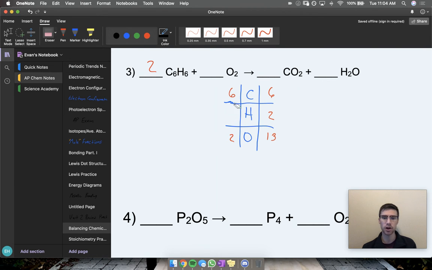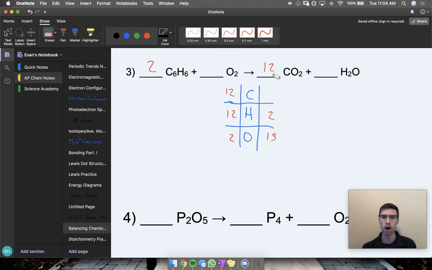That adjusted how many carbons and hydrogens we have on the left. So now we have 12 carbons, 2 times 6, and 12 hydrogens. So what I'm going to want to do here is multiply this by 12, because previously we tried to multiply it by 6, and that didn't seem to work.